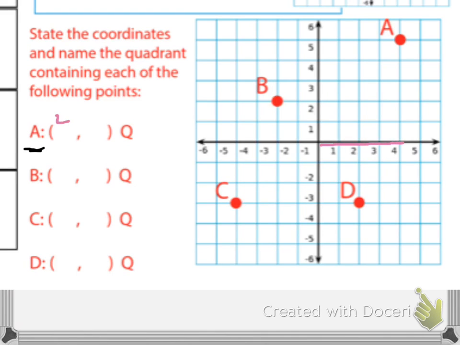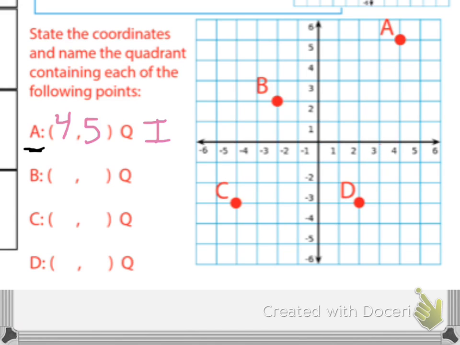That's 4. So my X coordinate is going to be 4. And from there, how many do I have to go up to get to that A point? 1, 2, 3, 4, 5. And what quadrant is this in? This one is located in quadrant 1.